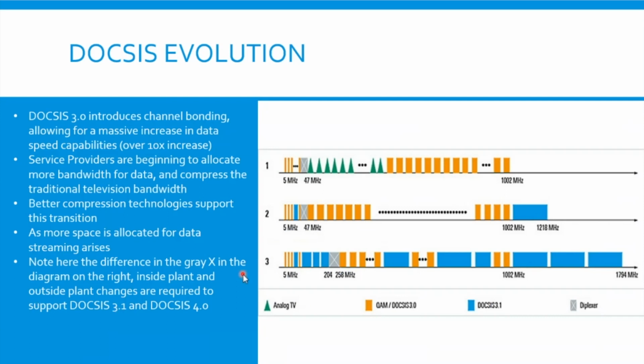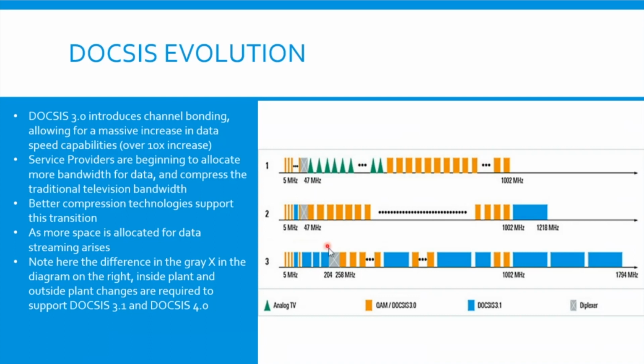And what I really wanted to point out here on this slide as you're going through this DOCSIS evolution is they demarked very clearly where the upstream and downstream dividing marker is, right? This is everything that's coming back to the service provider. This is everything that is space for you to be sent content.